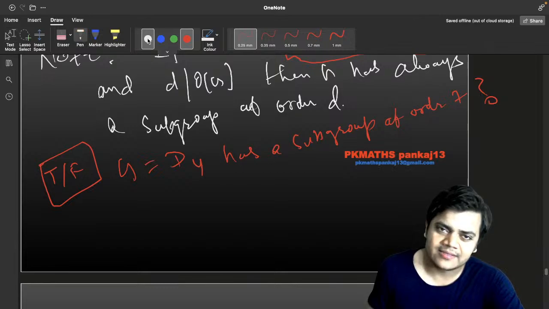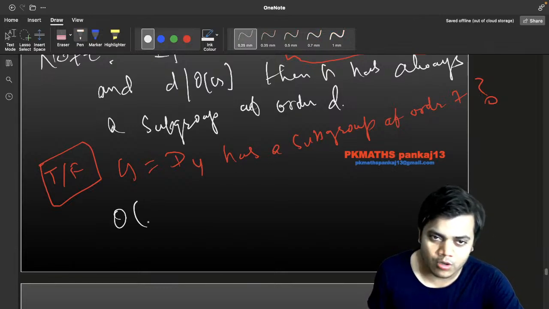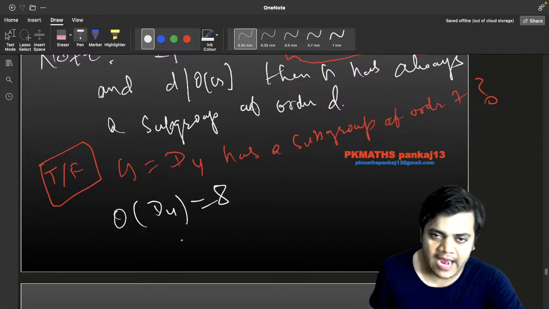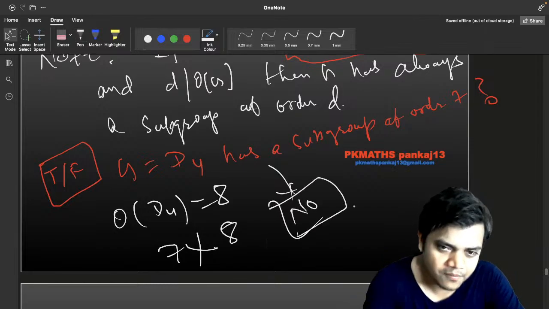With a one line justification, you can say that the order of D4 is 8 and 7 does not divide 8, therefore the answer is no, from Lagrange's theorem.